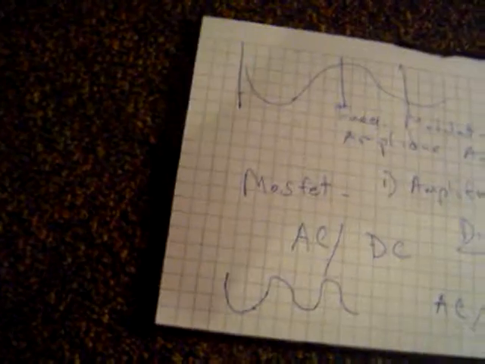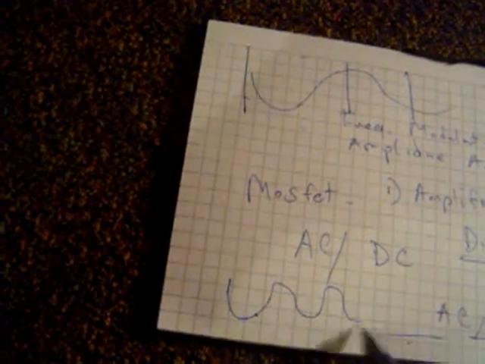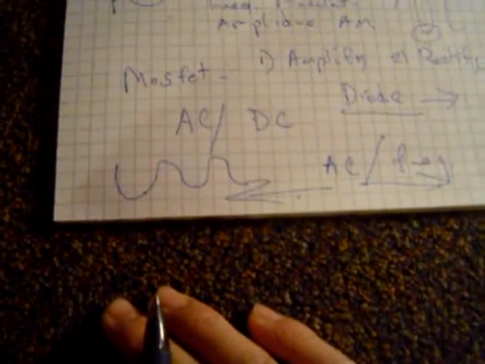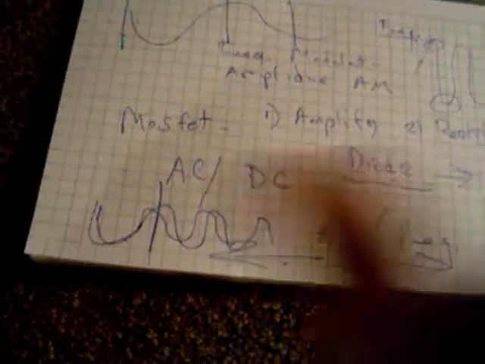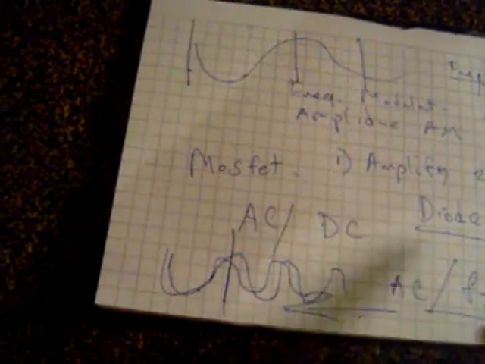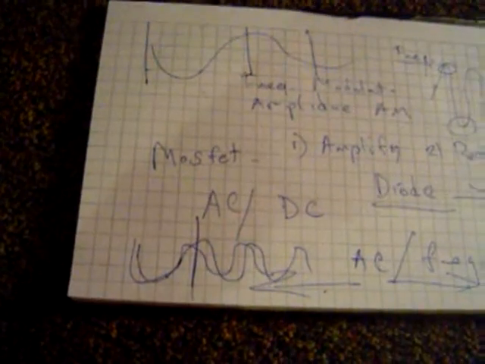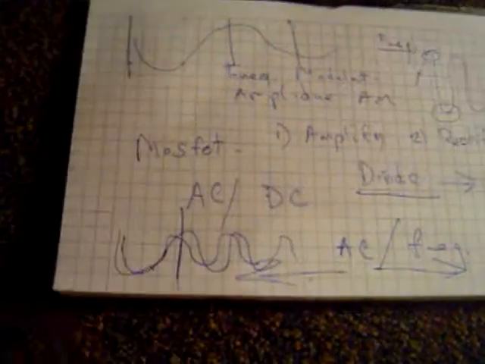So it's not only going in this direction, but it's also going in that direction. We do the graphical representation of it in a sine wave, but basically it's going back and forth, back and forth, back and forth, like that. So if you take the sine wave and flip it this way, you see the modulation of it like that. So that diode only allows one direction, that way.